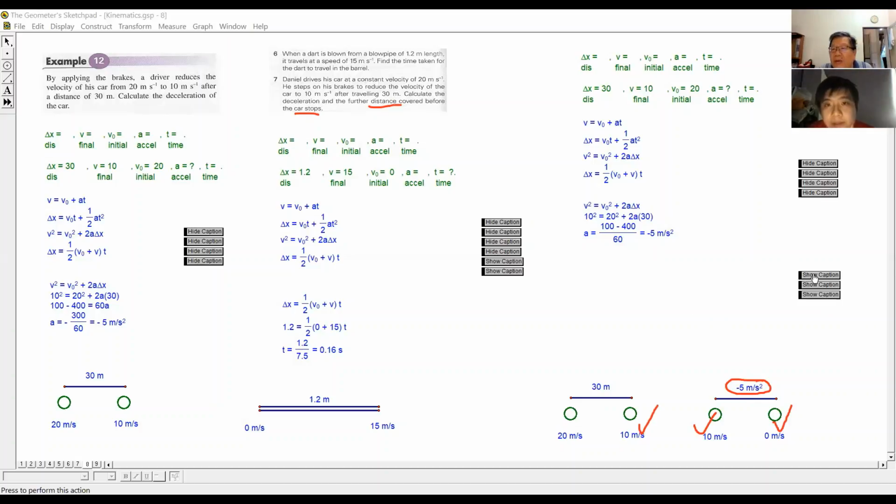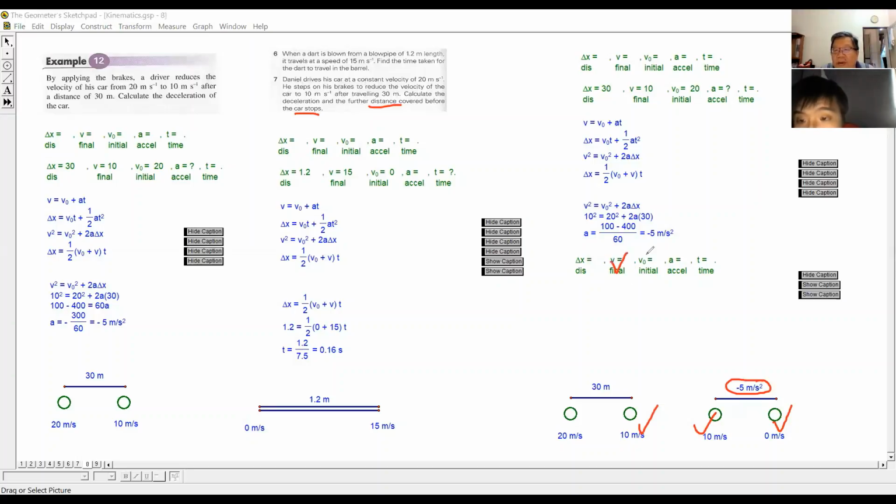So now, if I ask you which one of these physical quantities is given and which one they ask you to find, you look at this diagram here, the second part of the journey. They've given final and initial.